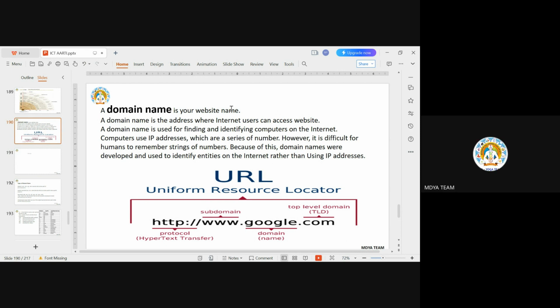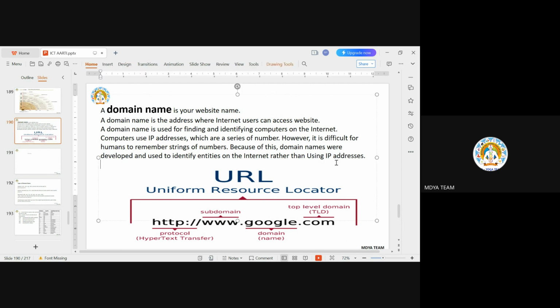Yes, ma'am. However, it is difficult for humans to remember strings of numbers. Because of this, domain names were developed. They are used to identify entities on the internet rather than using IP addresses, because an IP address is in numbers, and humans can't remember so many numbers.